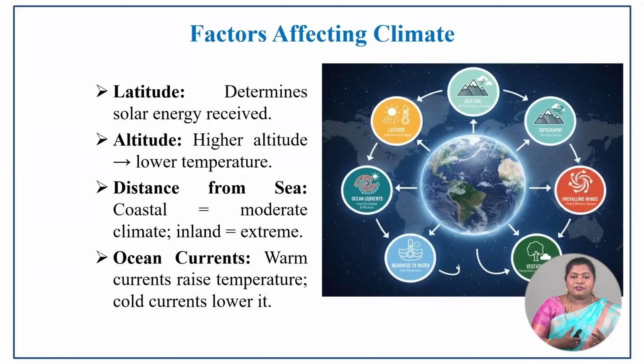We have a number of factors which affect the climate. We will discuss them one by one. The first and foremost factor is latitude, which is nothing but horizontal lines. How does it influence? If the earth surface is here and the sun is here, and the rays of the sun fall directly on the earth surface, that particular region will experience hot temperature or weather.